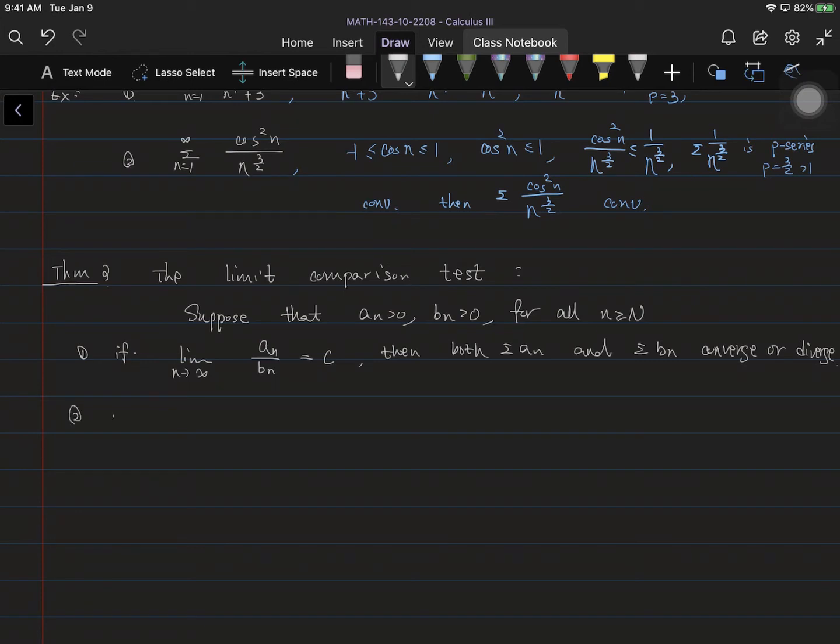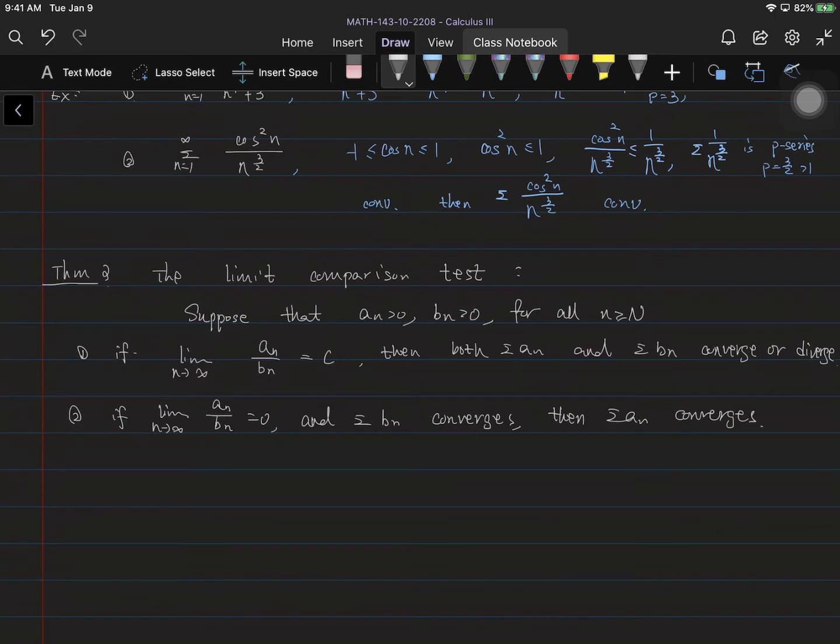Second, if the limit as n goes to infinity of an over bn equals 0, and bn converges, then an converges.